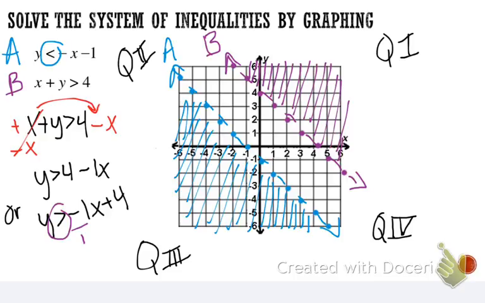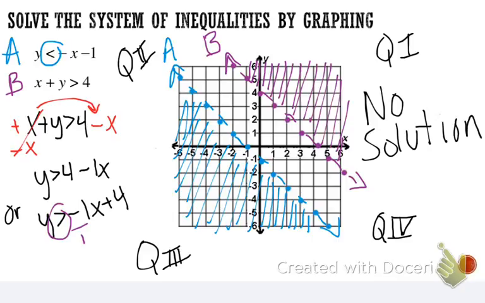So if you notice, these two inequalities are not going to share an area where they're both being shaded because they're shading on opposite sides. Inequality A is shading under the line, inequality B is shading above the line. So this means that this system of inequalities actually has no solution because there's not an area that they share.